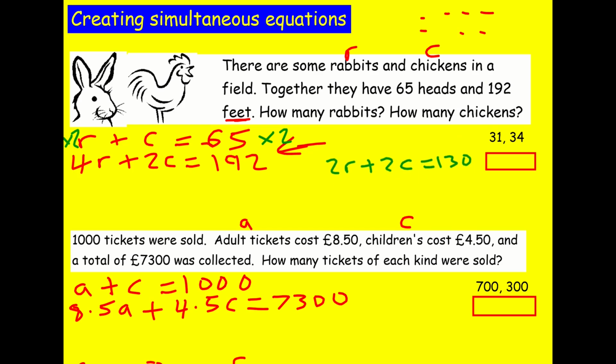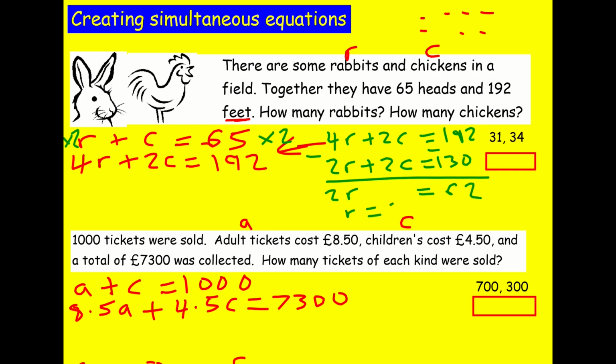Remember, you can write them in either order, and sometimes it just turns out to be advantageous to do it the other way around. The reason I've done this is that I've spotted that this number is bigger than this number, and 4r is bigger than 2r. So now, because the signs are the same, I'm going to subtract them, and I'm going to get that 2r is equal to 62. And that's going to give me r equals 31, which is our first answer.